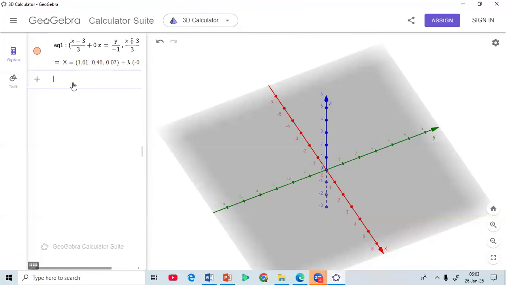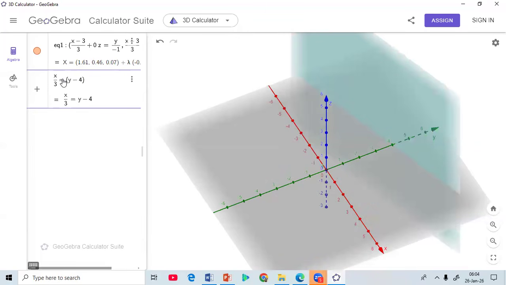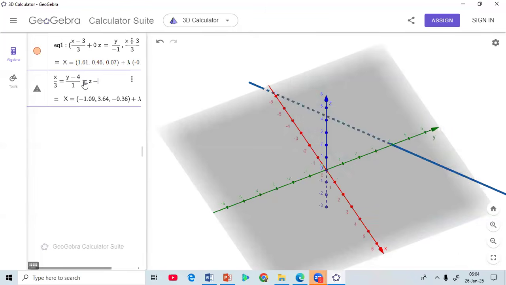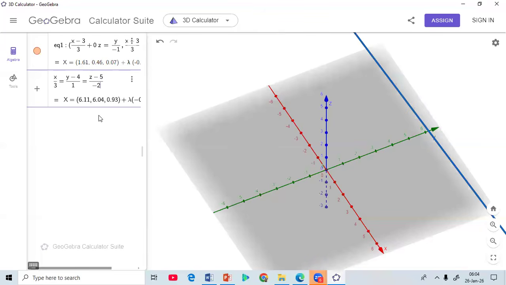Then I want another one, which is x over 3 equals y minus 4 over 1 equals z minus 5 over -2. That is one of the lines.